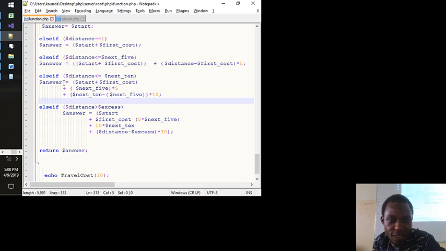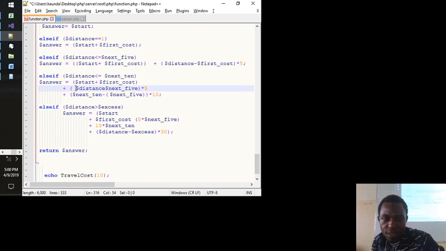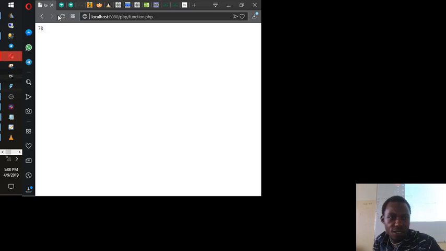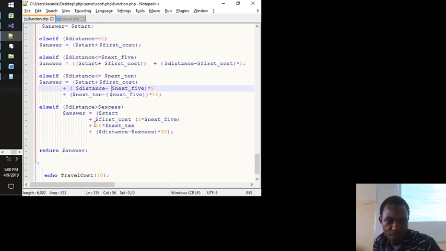So if the distance is this, we are getting the first one plus this. Okay, so it makes sense. So this one should be, what did I do, subtraction? Times 5. It should be this distance minus the first 5. Okay. This is next 5.